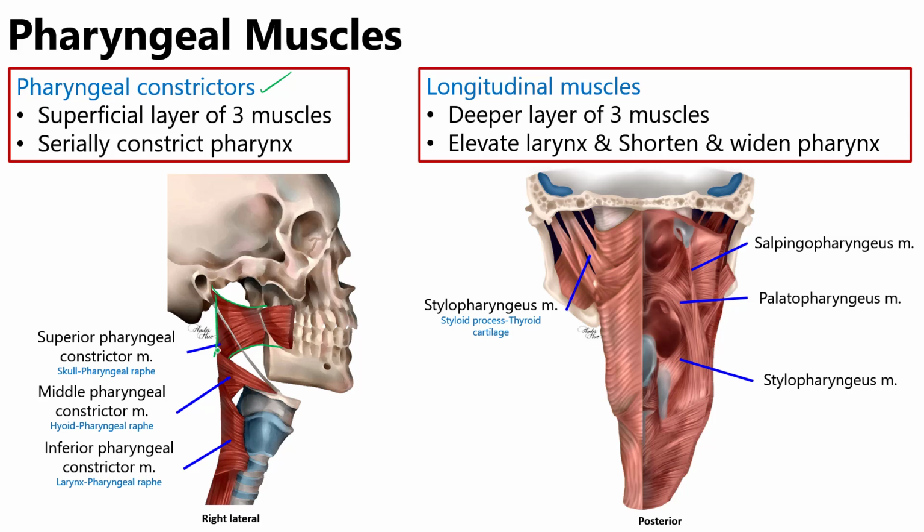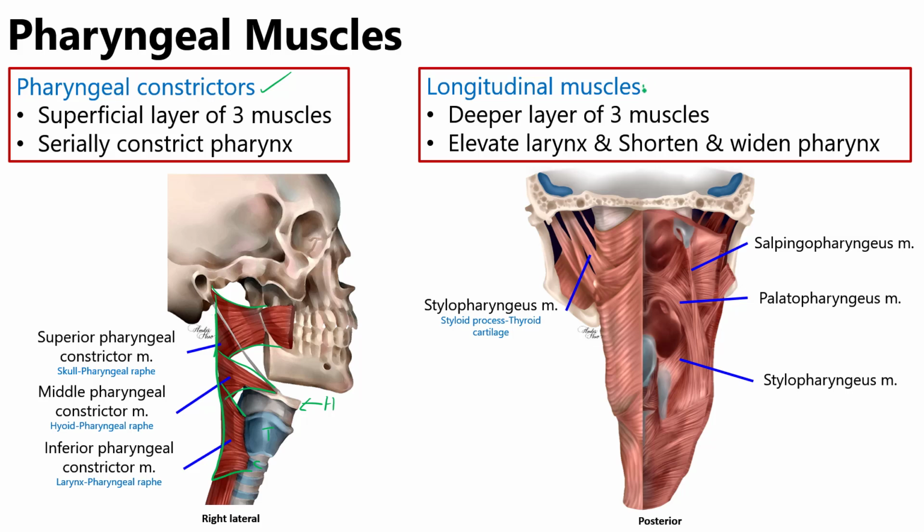The middle pharyngeal constrictor connects to the hyoid bone, which we can see right there. And the inferior pharyngeal constrictor is connecting to the larynx, so the thyroid cartilage and cricoid cartilage in particular, and then all of these to the pharyngeal raphe. So those are going to serially constrict so as to push materials through the pharynx.